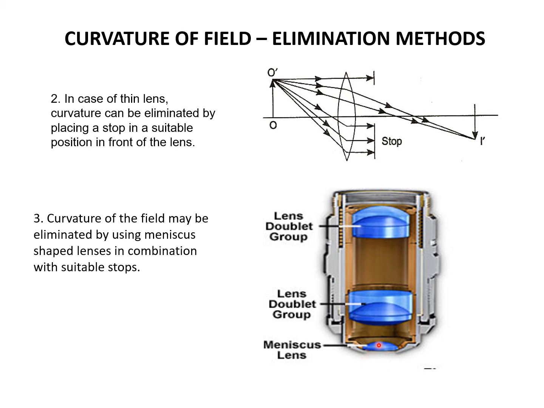By using a meniscus shaped lens, we can minimize the curvature of field defect in forming the image by the lens. So the curvature of field can be eliminated by using stops and by using meniscus shaped lenses.